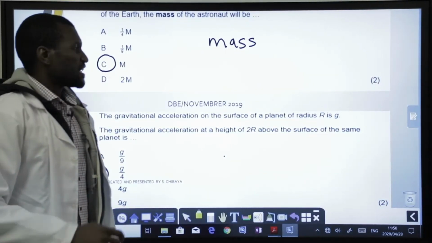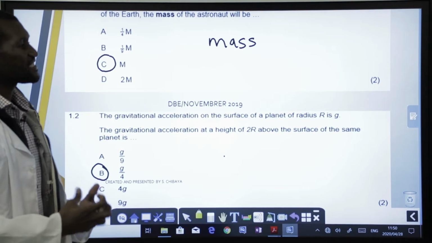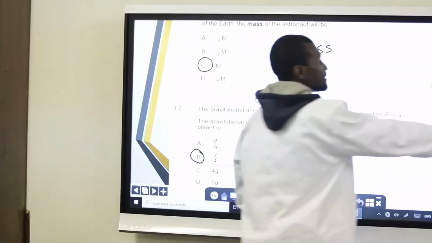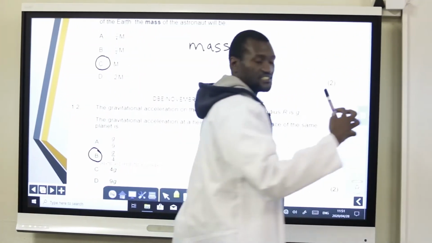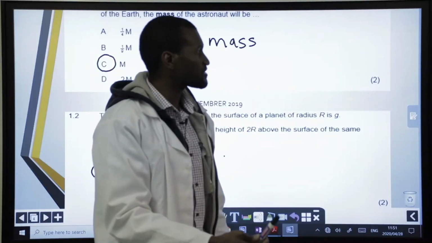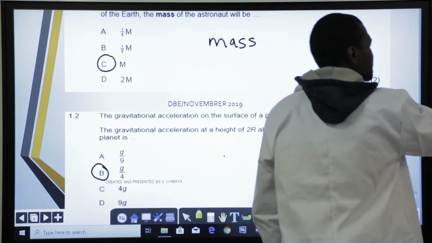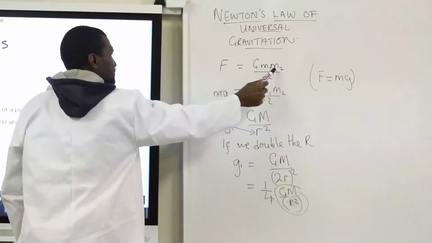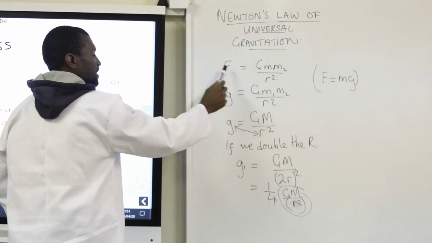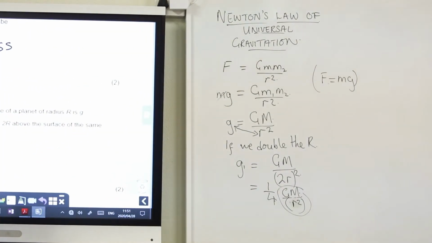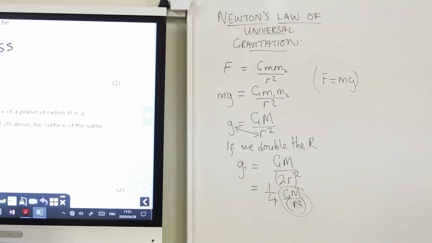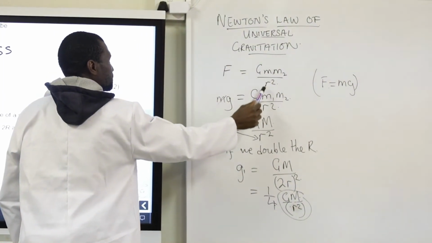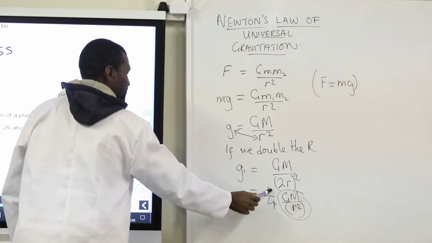So, it is very important to understand how these relate. A relationship between the force and mass is directly proportional. In other words, when you increase any of the masses by a certain factor, the force is increased by that exact factor. If you increase R by a certain factor, you have to square it.